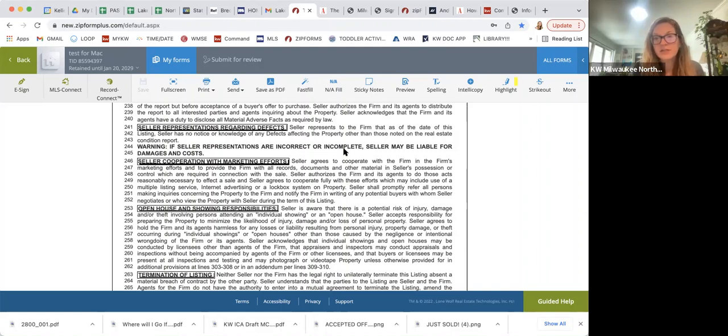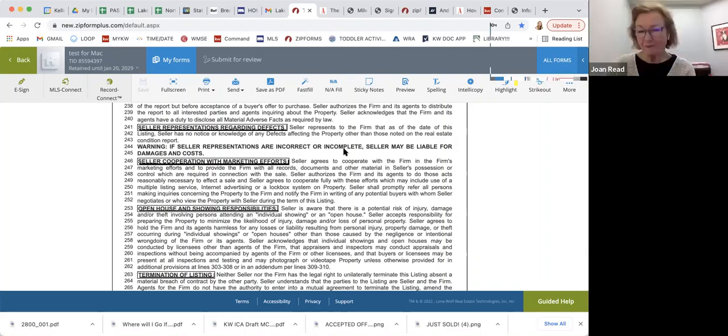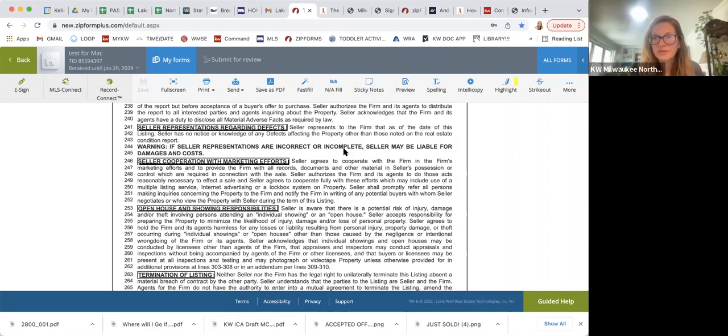So this is the biggest reason for post-close litigation: a seller not disclosing something that they know about the home, or being incomplete with their disclosure, maybe giving a half truth about the condition of something.